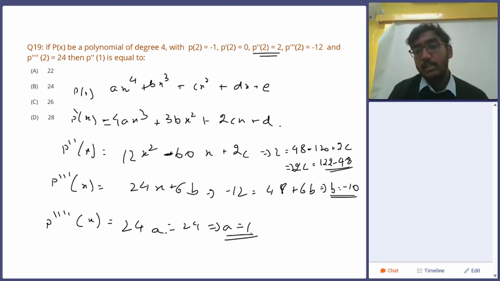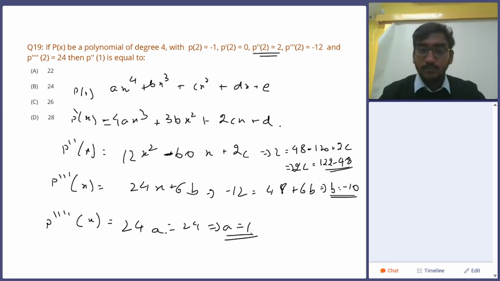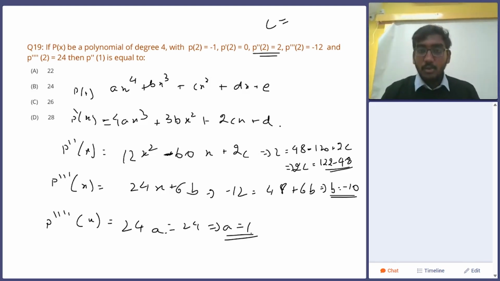What will be the value of c then? It will be 74 by 2, that will be 37. C is 37. Just check once. Yes, 37 is the value of c.